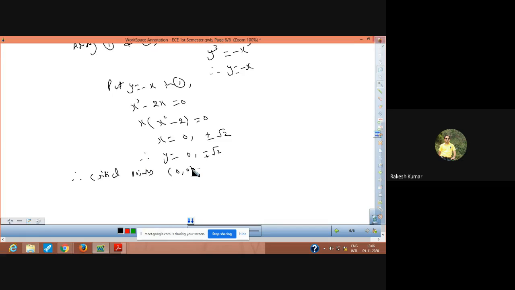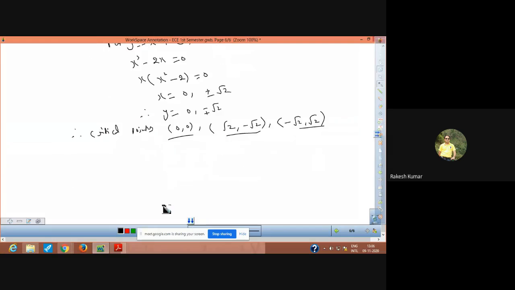Critical points are (0, 0), (square root 2, minus square root 2), and (minus square root 2, square root 2). Now these are the 3 points we have, and we have to check for the maxima and minima for all these 3 points. Now the first point is (0, 0).